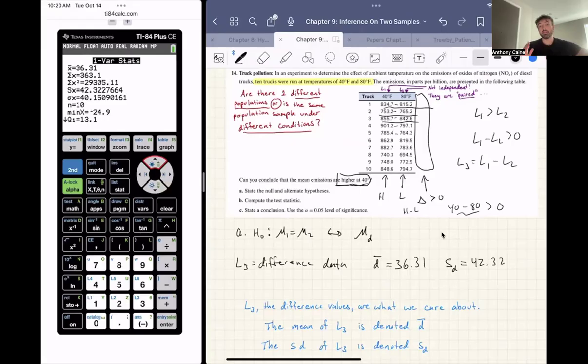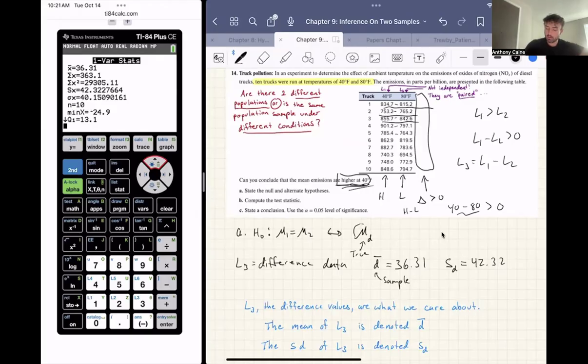I have a mean and a standard deviation for the data that I care about, which is the difference data. This was our sample mean, that's what I just had the calculator compute. This is the true population mean. If you look at all the trucks in the US and how their emissions change at 40 degrees Fahrenheit versus 80 degrees Fahrenheit, this is what we're trying to estimate: whether emissions are higher at 40, so we emit more in colder temperatures.